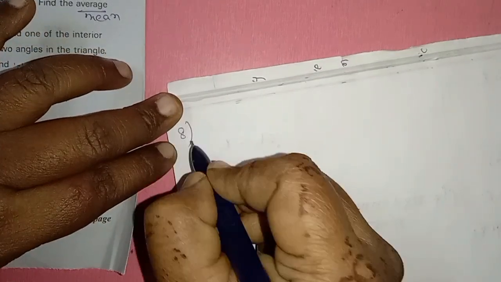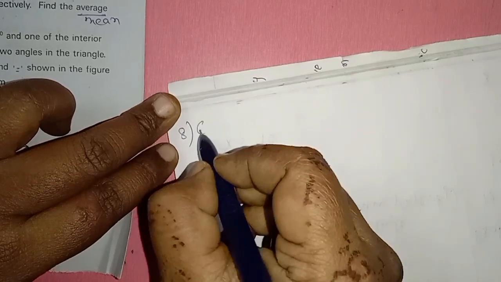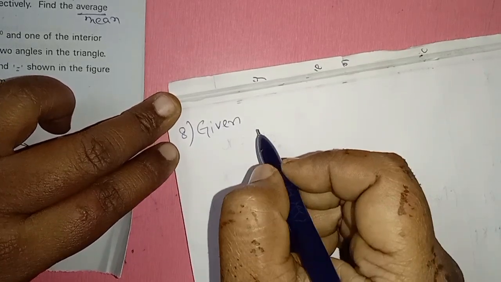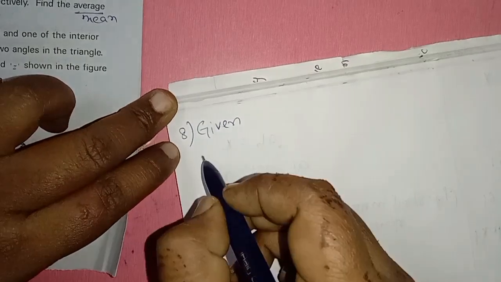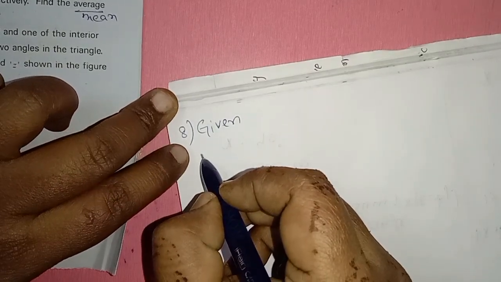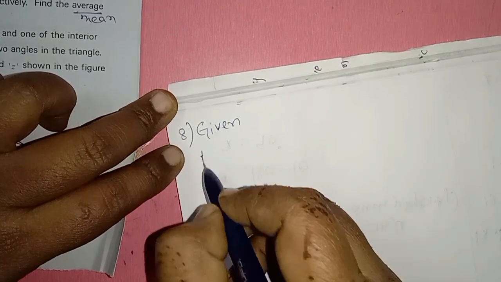Okay? Right here. So this is the 8th question. What is given? Rice consumed for 6 days.